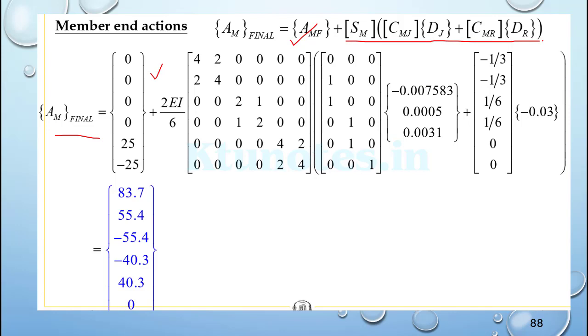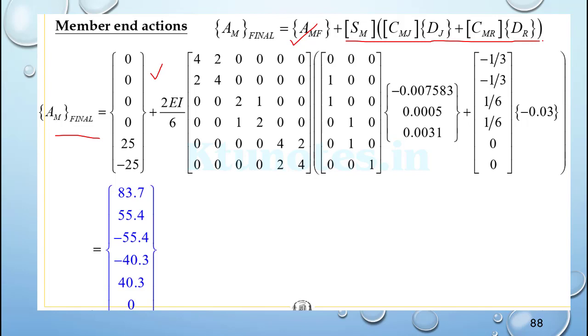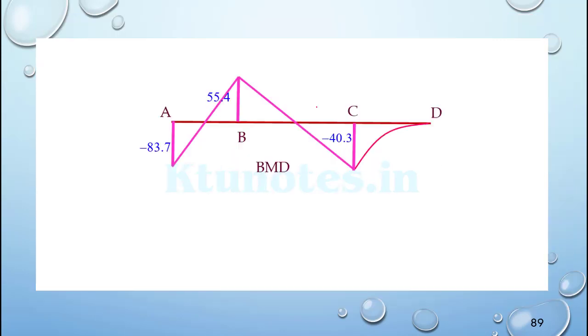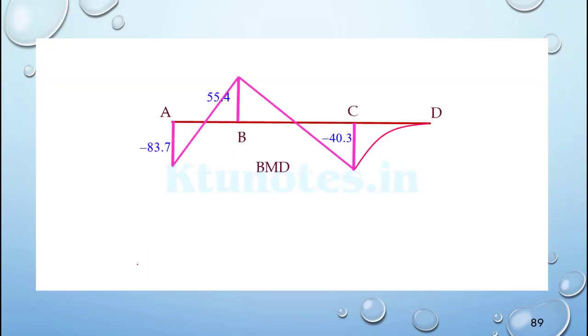This will give you the values 83.7, 55.4, minus 55.4, minus 40.3, 40.3, 0. This will be the bending moment diagram based on the previous results. The 83.7, 55.4, 40.3 are drawn in the bending moment diagram.